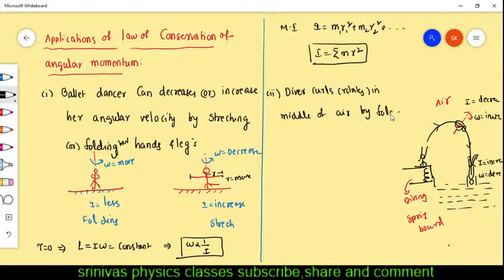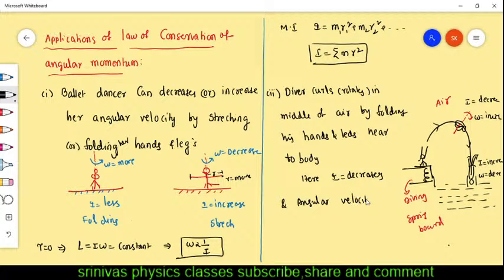By folding his hands and legs near to the body. Then here moment of inertia decreases, right? And angular velocity omega increases.